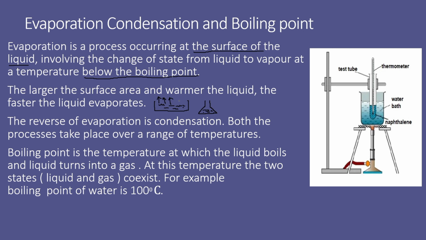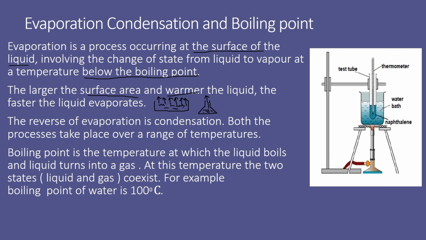The liquid in this container will evaporate more as compared to the second one in which the surface area is less. So the first factor on which evaporation depends is surface area. The second one is the temperature. That means if the liquid is warmer, it will evaporate more. The rate of evaporation will be more.